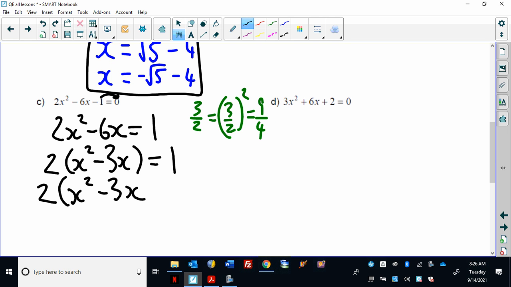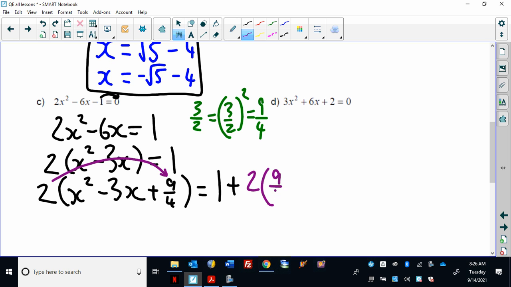So we're going to add 9 over 4 here, equals 1. And we're going to add, careful here, 2 times 9 over 4 to this side. So don't forget to do that, which essentially equals 18 over 4.